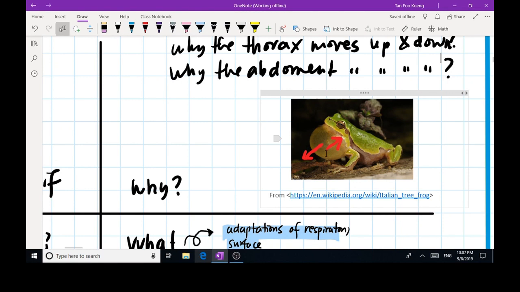This part is the floor of the buccal cavity. The buccal cavity is also known as the mouth cavity of the frog. Why does the floor of the buccal cavity move up and down when it breathes? Does it make it any prettier or sexier? We do not know, but it has to do with breathing.